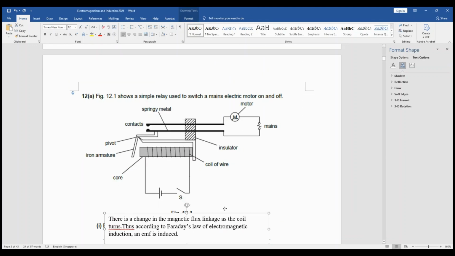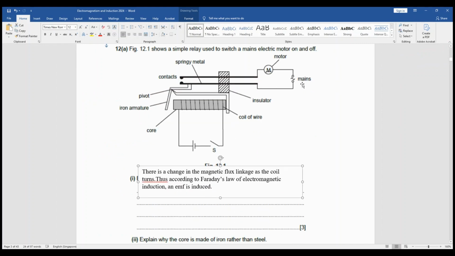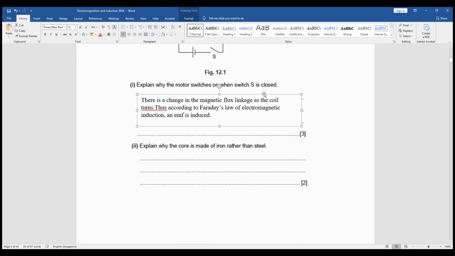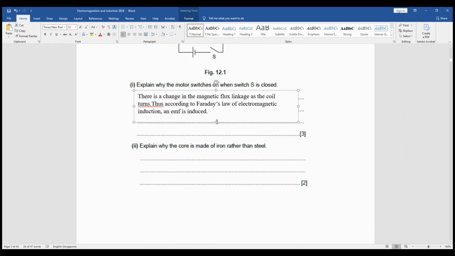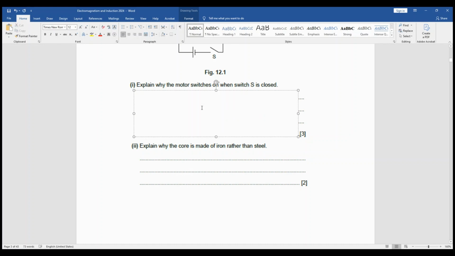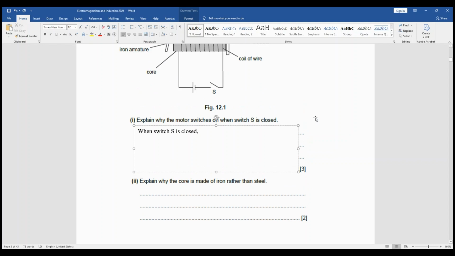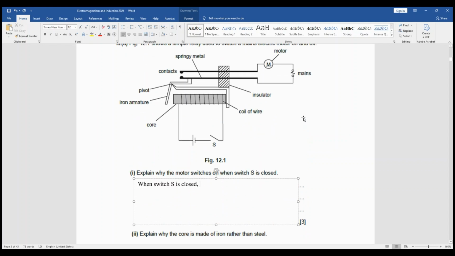Current will flow through. When switch S is closed, current flows in the coil of wire. Let's call it a solenoid.